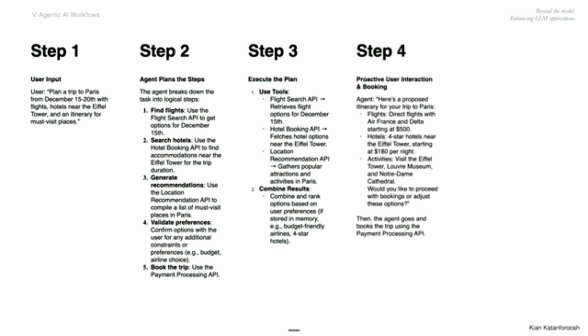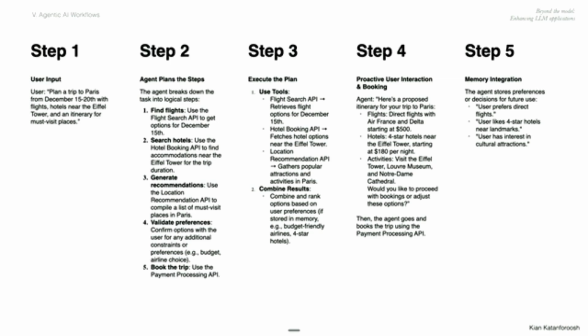Step 3, execute the plan. Use your tools, combine the results, and then proactive user interaction and booking. It might make a first proposal to the user and ask the user to validate or invalidate, and then may repeat that planning and execution process. And then finally, it might actually update the memory.